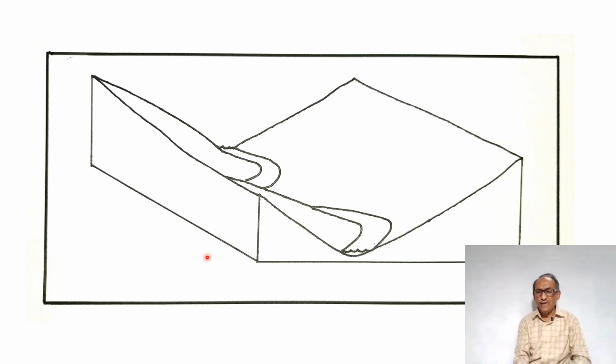So friends, we have covered the different methods of slope analysis. At the same time, we have also covered how to draw a block diagram. I have shown you two methods. One was a very simple method, that is the hypothetical drawing of any landform feature, how you can draw. And the second one is more accurate, more scientific.